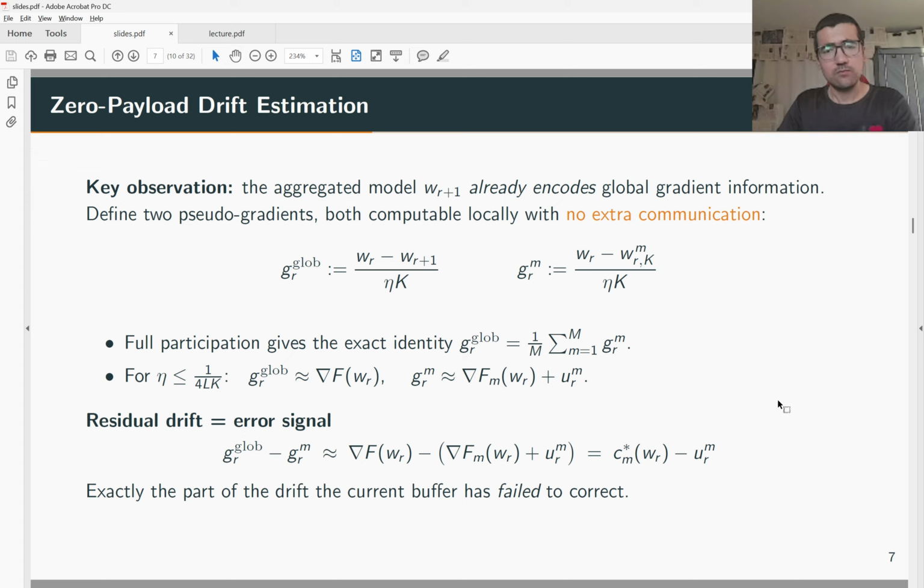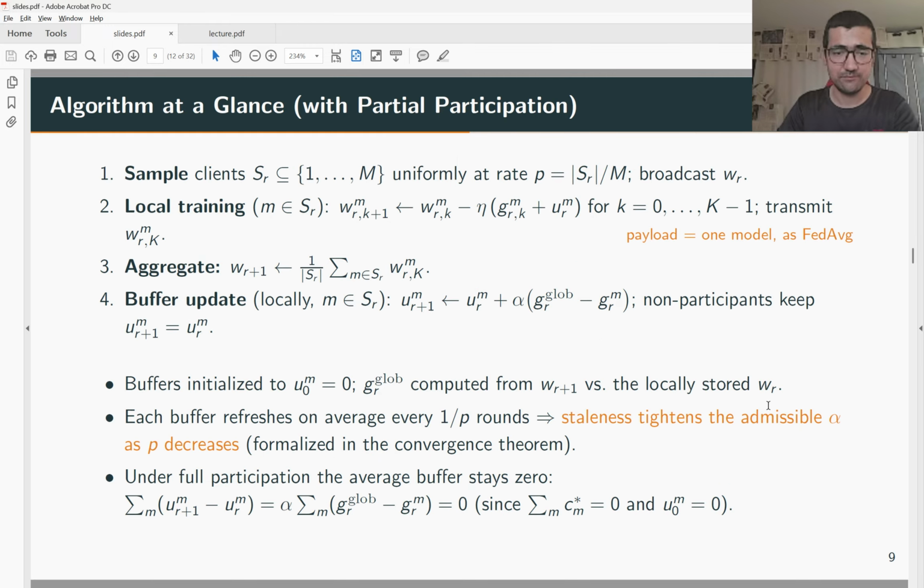The bottom box, the difference, is the ideal correction minus the current buffer. In other words, it's precisely the part of the drift buffer that has failed to correct so far. That's the perfect error signal.